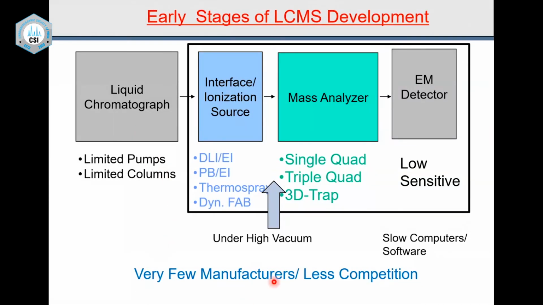Also, you will see at the bottom that when LCMS started, people said that LCMS did not have much of a big market. In that case, few companies wanted to invest in LCMS, so there were very few manufacturers and less competition. Whereas if the market improves and becomes big, then everybody wants a piece of the pie, and there will be more manufacturers of the technique, and that is very important.